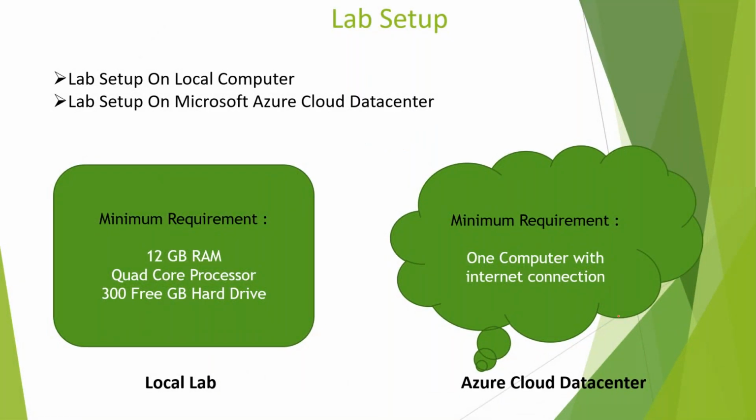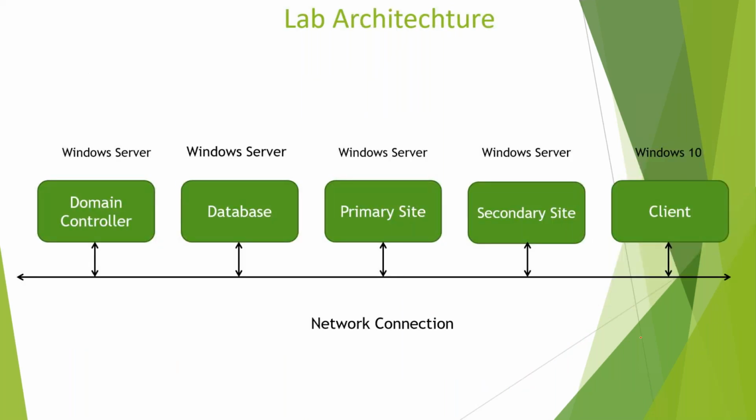Now, when we go into the training, each one of you will have to set up your lab. Either you set up your lab on a local computer, on your laptop or desktop, or you can create your lab on Microsoft Azure Cloud Data Center. Now, how will the lab architecture be? The lab architecture will look like this. You will have one network connection, a network cable, and that will be connecting all the machines.